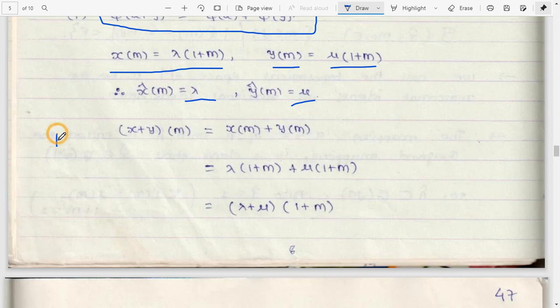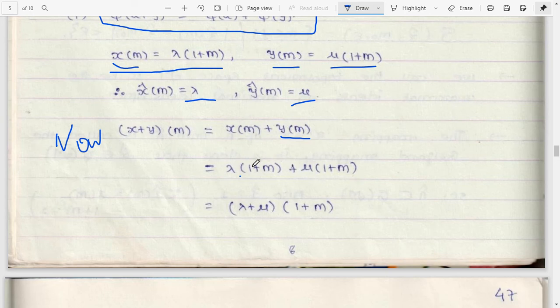Now X plus Y of M is equal to X of M plus Y of M. Put the values: X of M is equal to lambda into 1 plus M plus Y of M is equal to mu into 1 plus M.